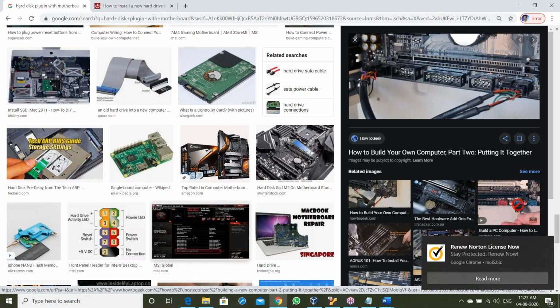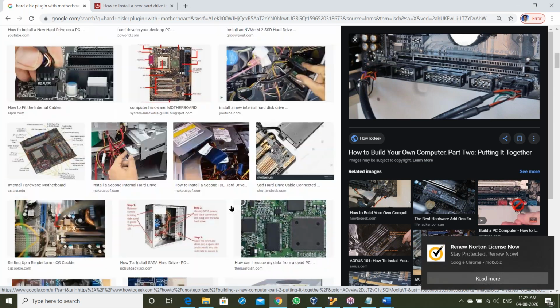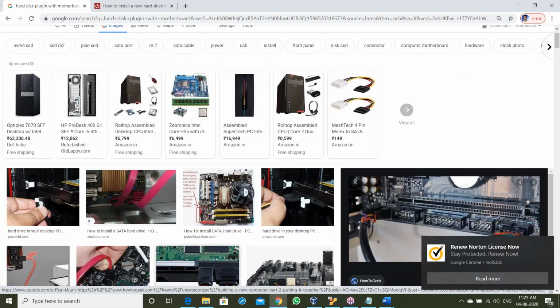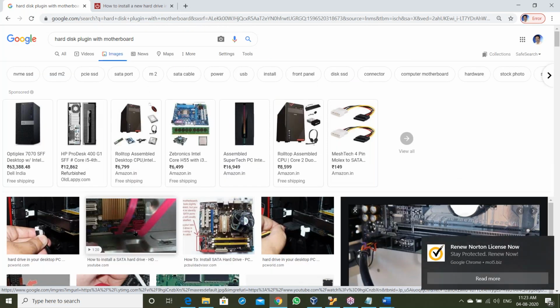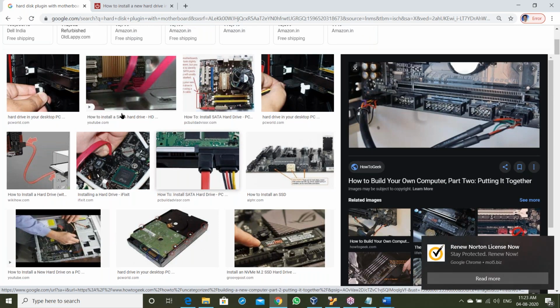So on the motherboard, you can add a disk like this. This kind of plug-in is called a slot. These are the slots here.